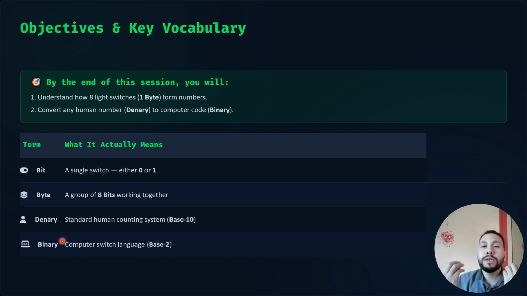They are 8 switches together. Maybe one will be turned on, maybe one will be turned off.